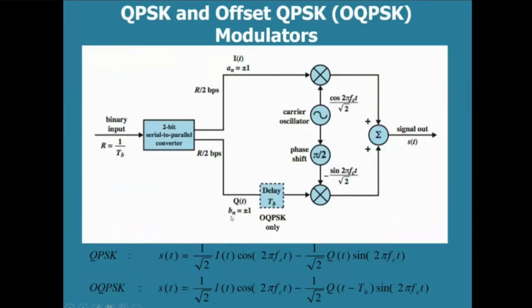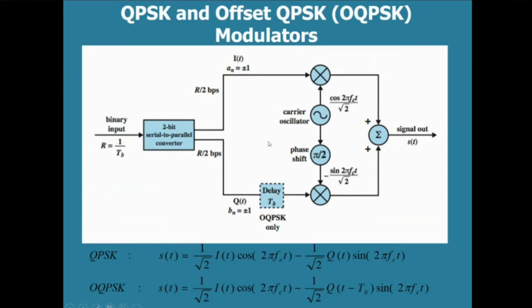Here this dotted line, a delay of TB, is used in offset quadrature phase shift keying alone, whereas in QPSK this block is not needed. So for QPSK you don't consider this one. For offset QPSK alone, we use this delay block.